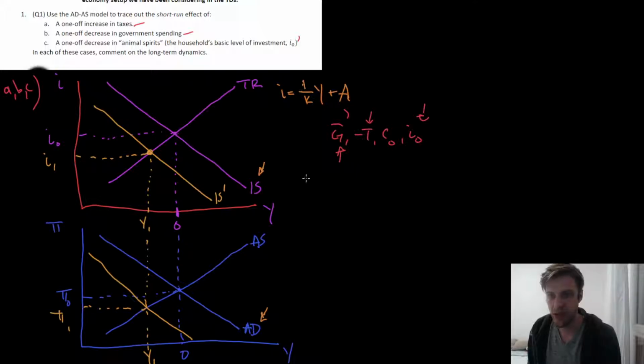Okay, and so we see that interest rates go down, inflation goes down, economic growth, the output gap, also goes down. So the economy is cooling off, going into recession, right? Because if we're thinking about output gap, if we're negative, we're in recession. If we're positive, we are in a boom, an expansion. So we go into recession, interest rates go down, inflation goes down. And that's for A, B, and C.